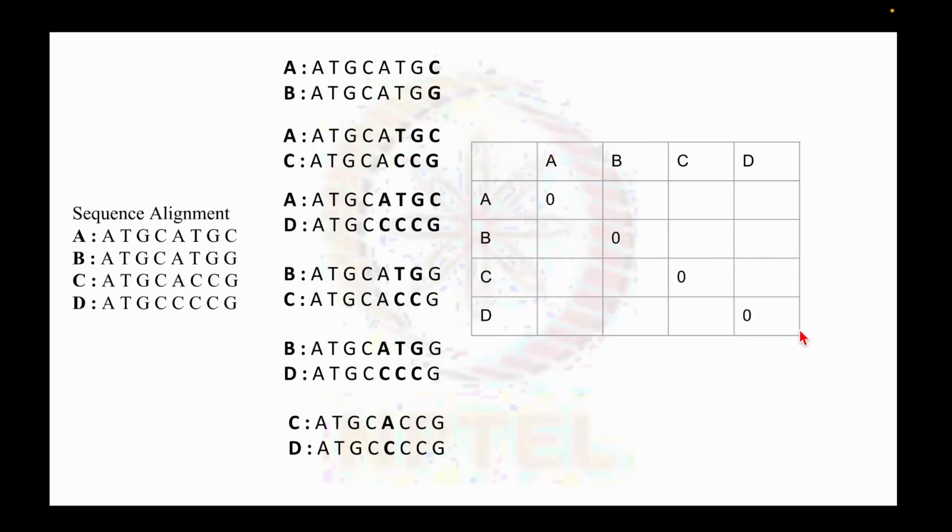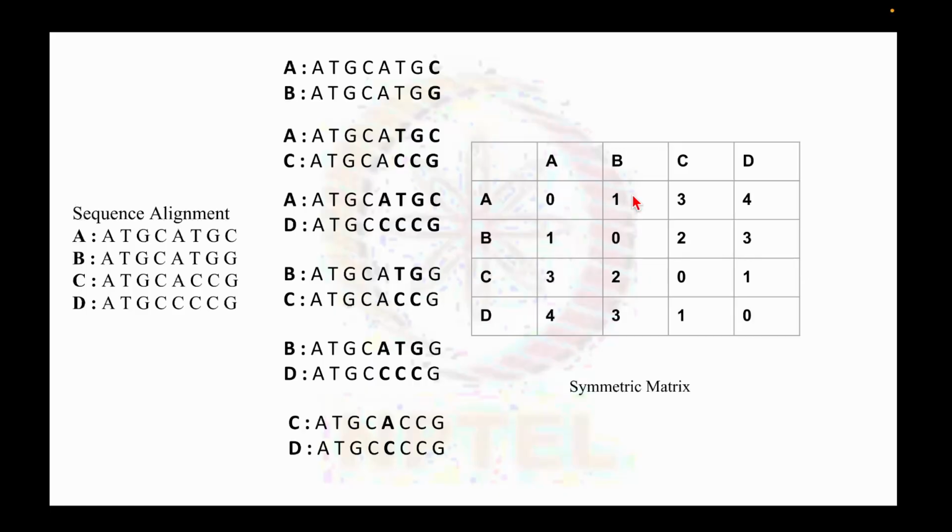So the diagonal has been filled with zeros, followed by the distance between A and B, which is 1 mismatch. So the distance score is 1, and since we consider alignment of A with B equivalent to alignment of B with A, a similar value is observed in the second cell as well.